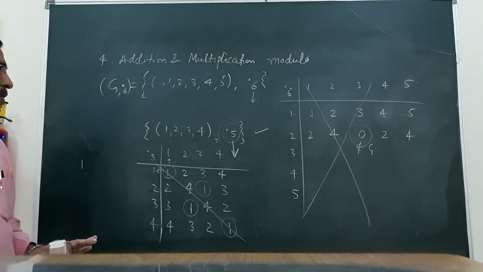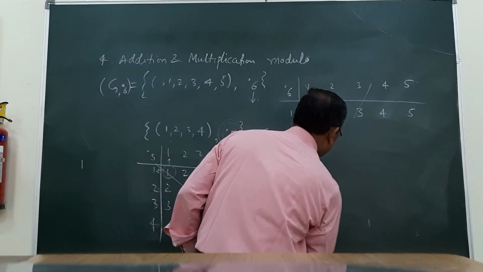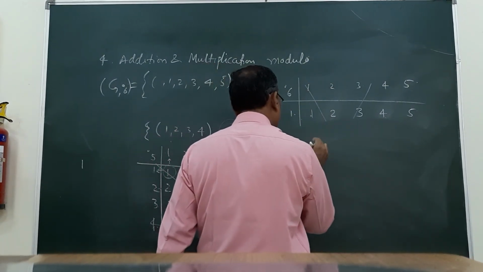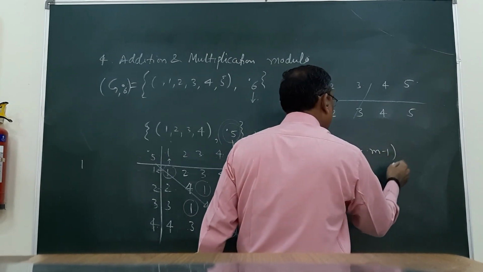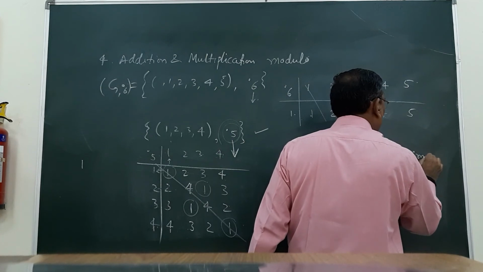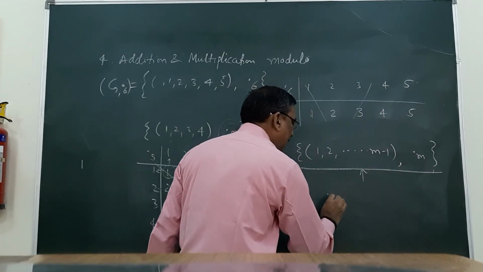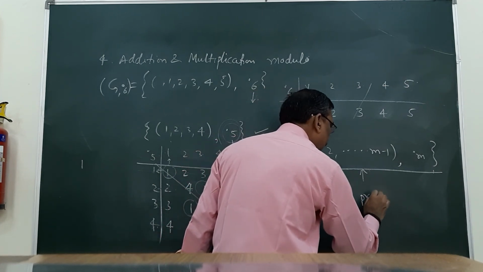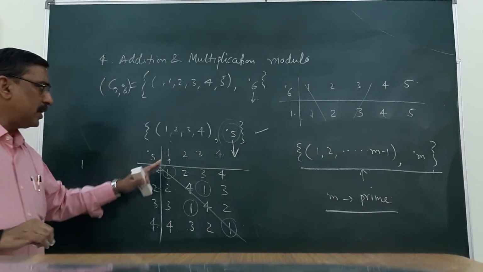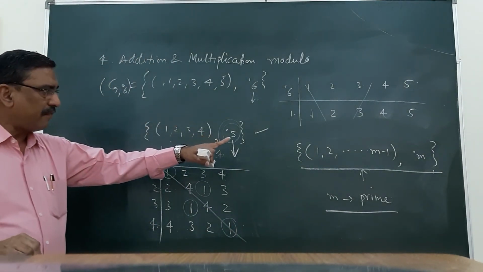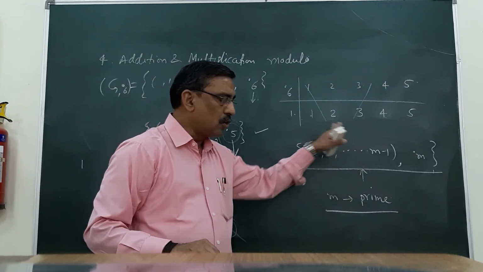We can prove in general that if we are given a set 1, 2, up to m minus 1 and multiplication modulo m, this will be a group if m is prime. We can prove it easily by using the basic definitions of the numbers.